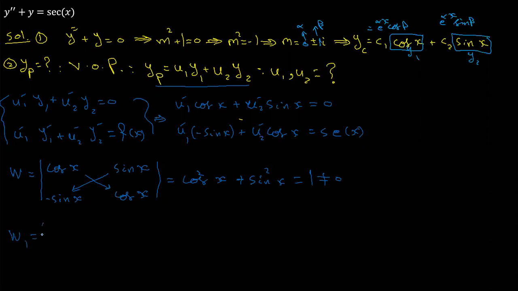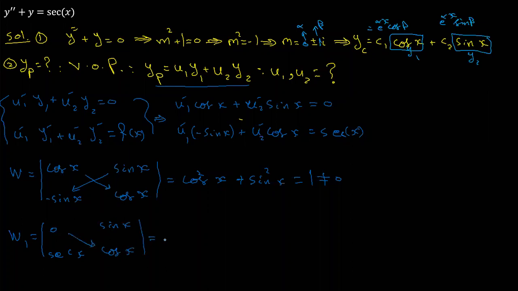How to find W1? Do you remember? Anyone of you remember how to find W1? Yes, replace the first column here by your right-hand side. So 0 and sec x, and leave the second column, sine x, cosine x, equal.